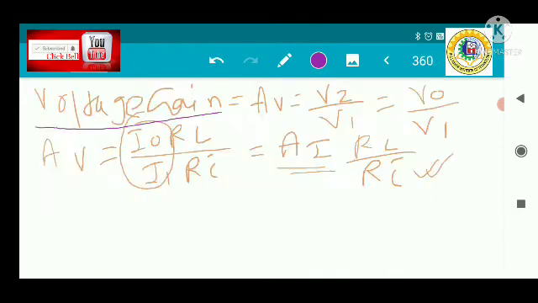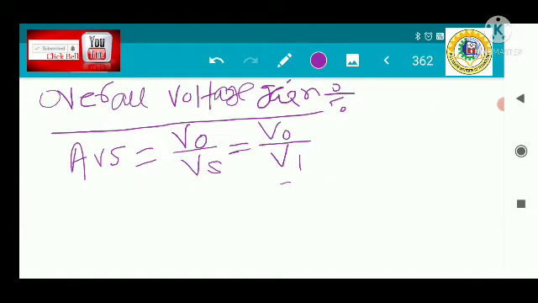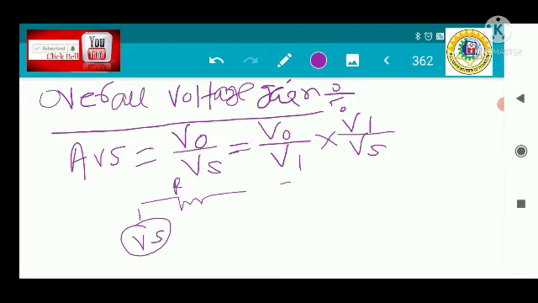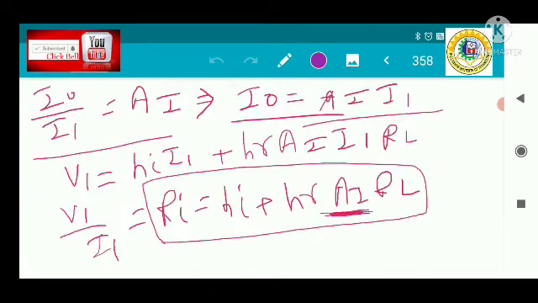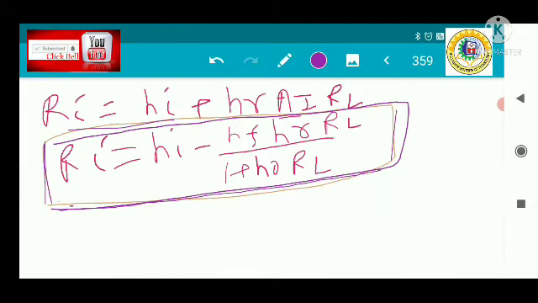Now this is your voltage source Vs, and this is your series resistance Rs, and we have also calculated the equivalent input resistance considering all the parameters.